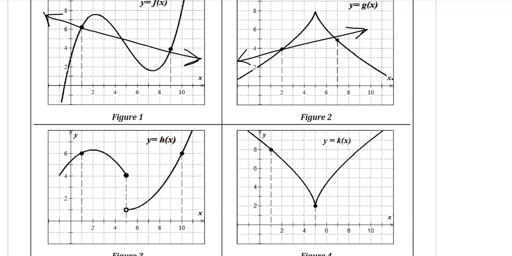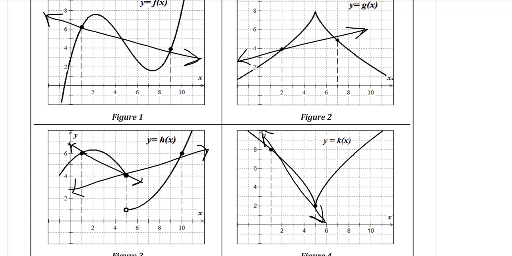I'm going to have one across the curved section here, and then one from the second point to the third point here. Those are my secant lines. And for the last curve, my secant line is going to be like that.